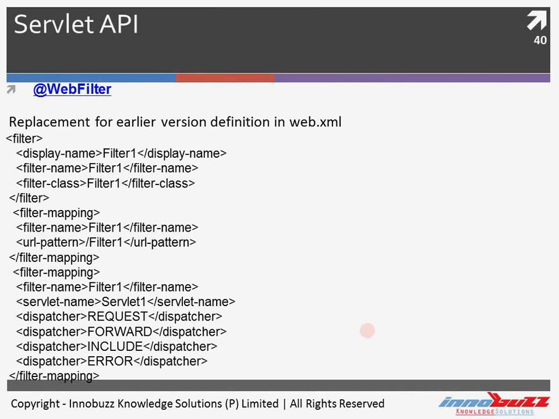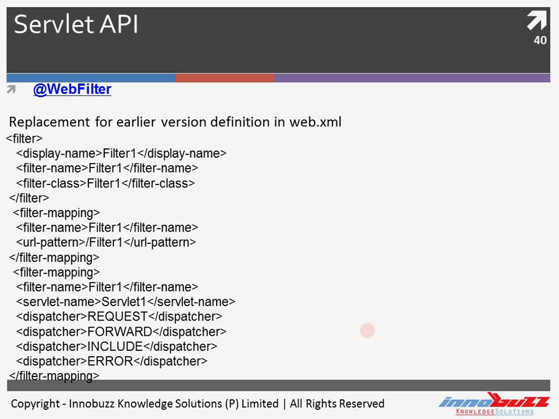The filters allow universal functions to connect to the servlet or the web resources. We had the filter definitions defined in web.xml. As you are seeing in this slide, we had a filter tag with filter name, filter class, and then filter mapping.